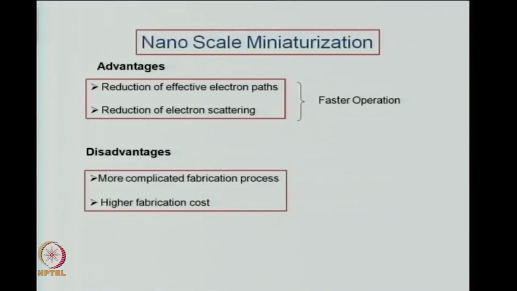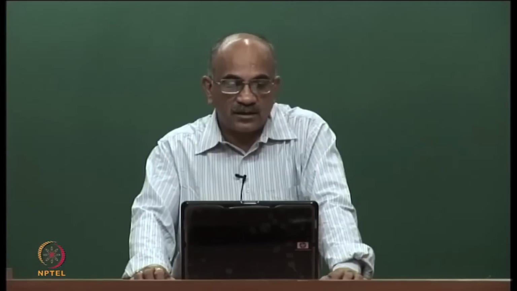Now, this kind of nanoscale miniaturization has advantages because it also reduces the length which an electron has to travel to communicate with different circuits within the same chip. So, between different components, and this also reduces electron scattering, which leads to enhanced heating or resistivity, and overall you get a faster operation of the device.